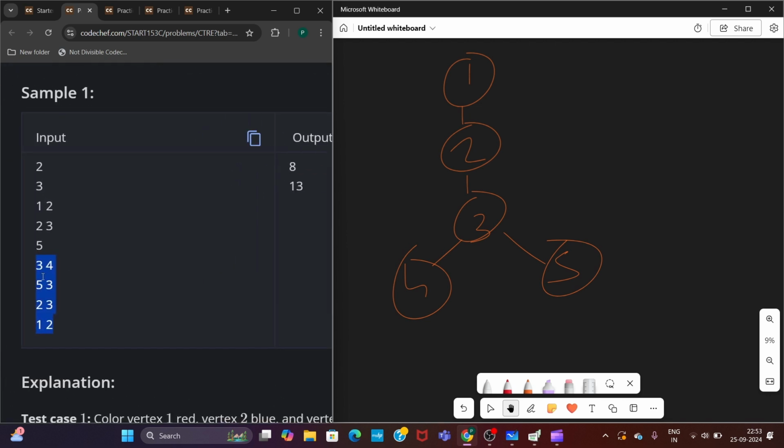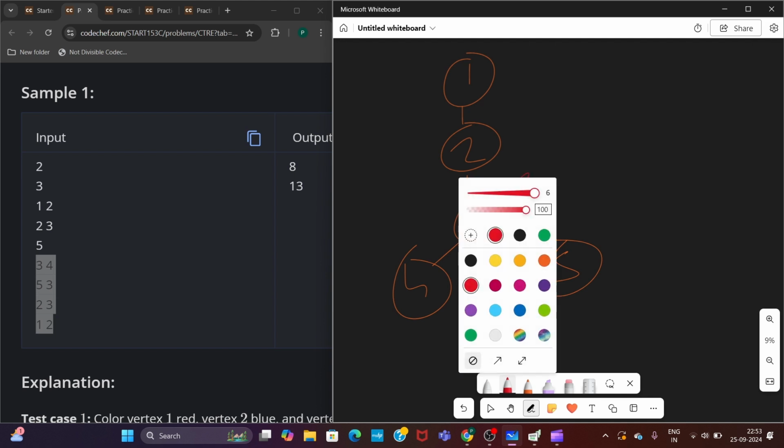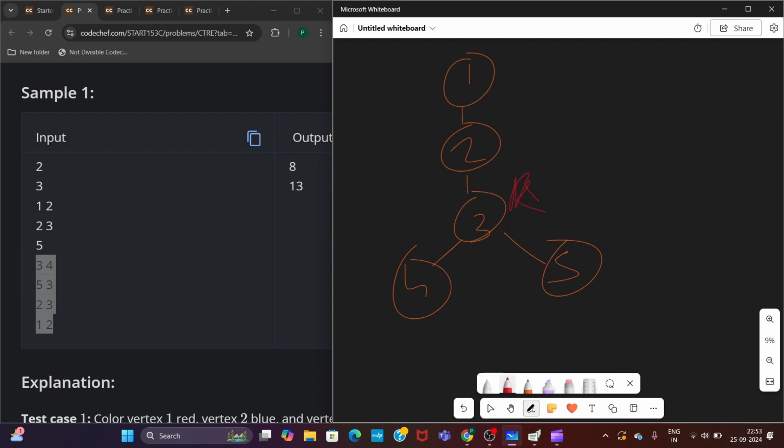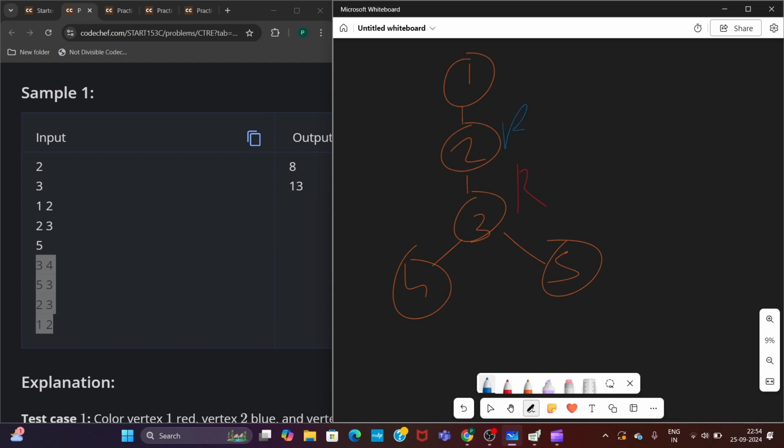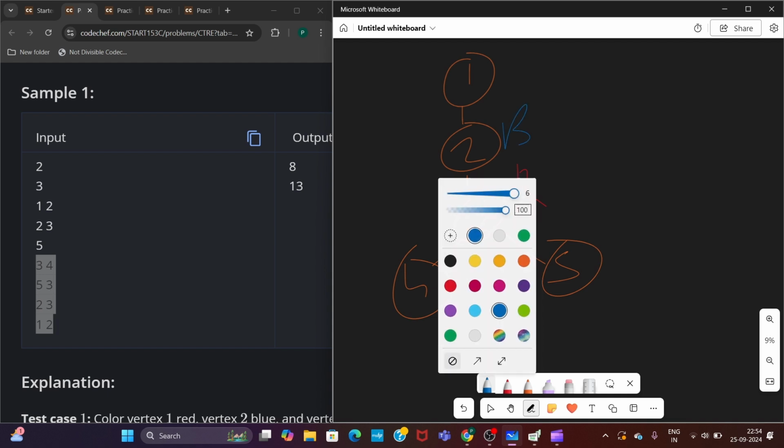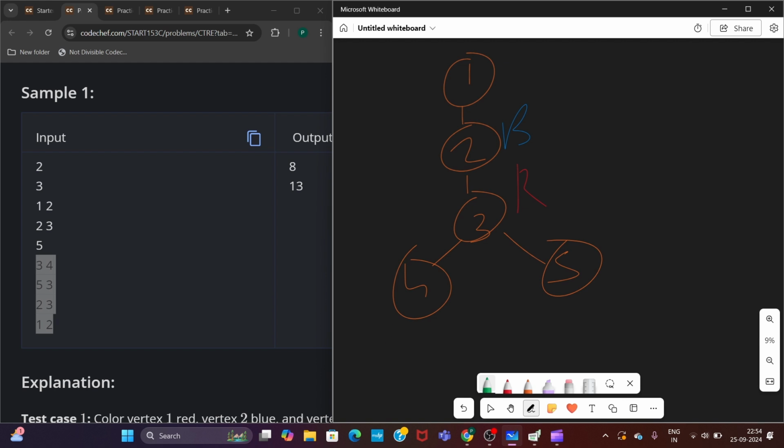Let's consider three as red, two as blue, and the remaining ones as green. So three is red, and two is blue over here, and the remaining ones are green.